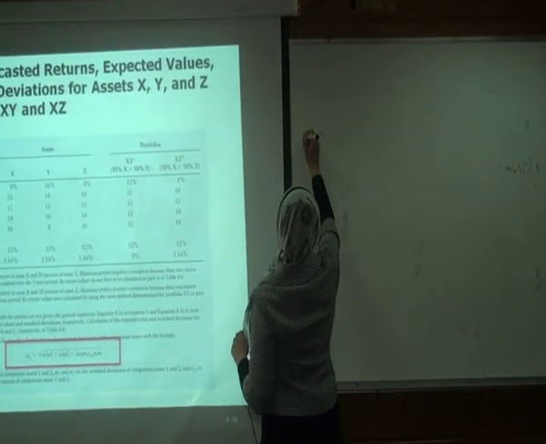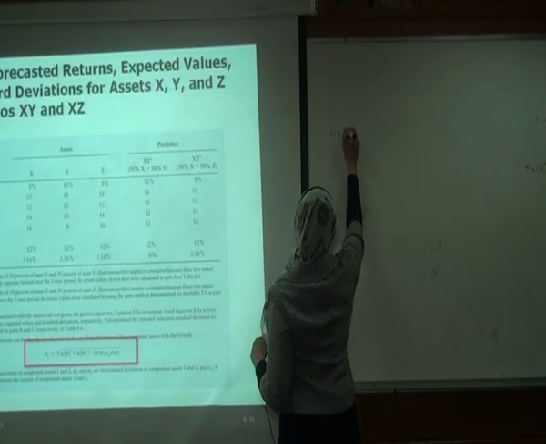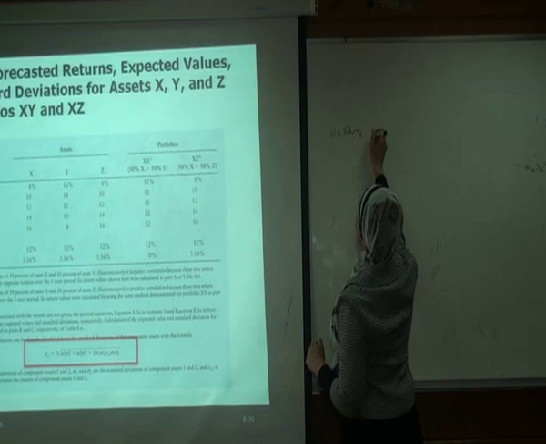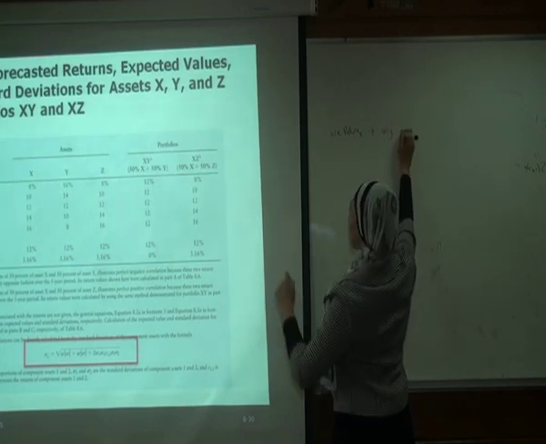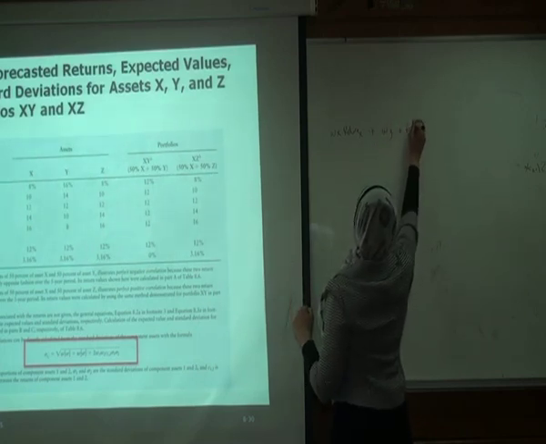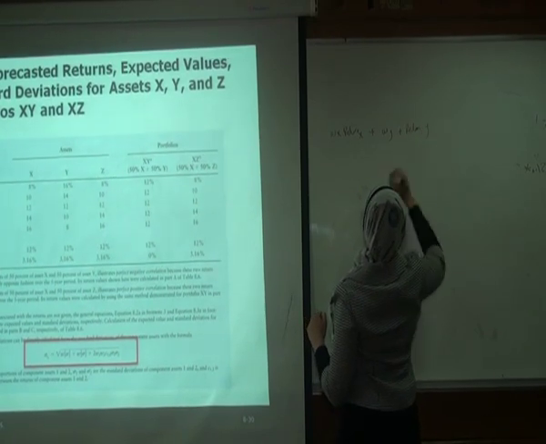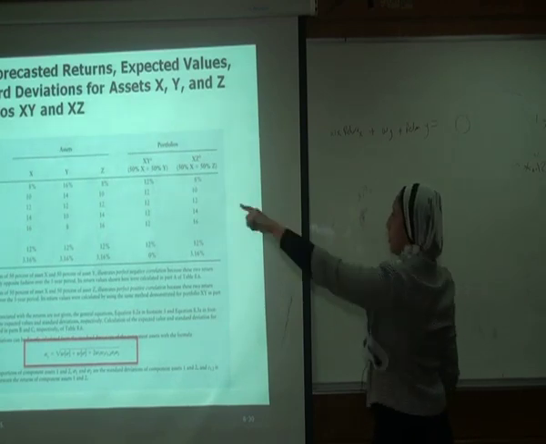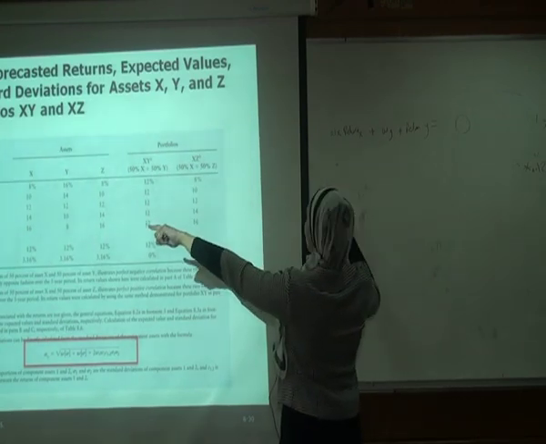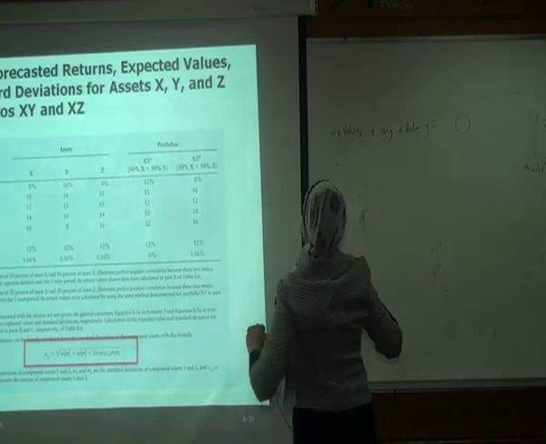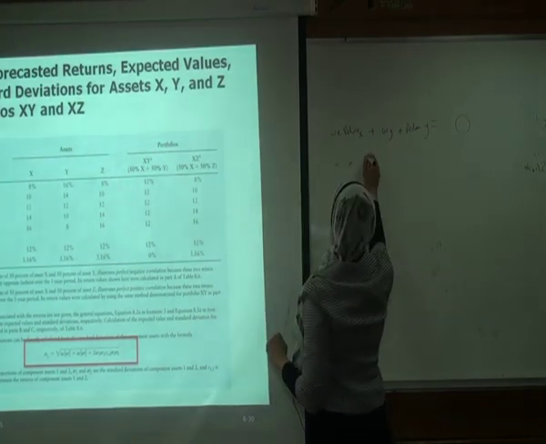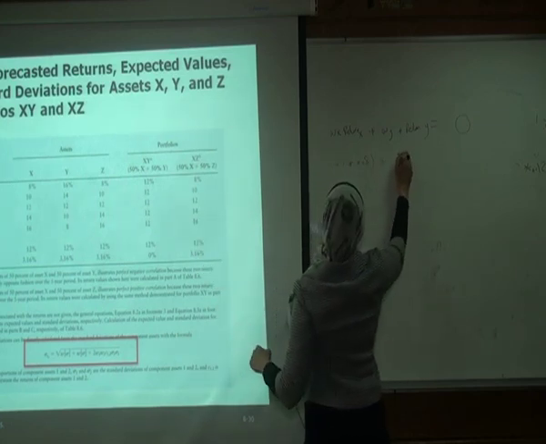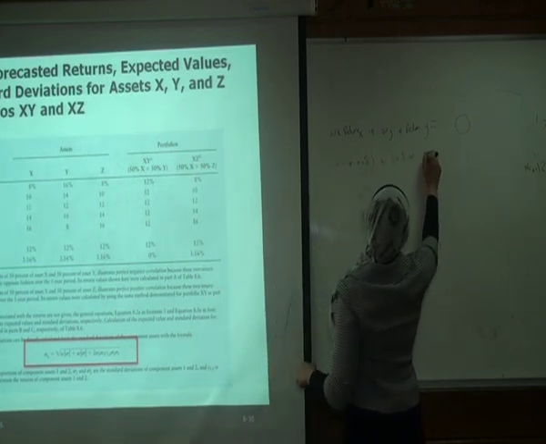So here in our example, for portfolio A, the weight of stock X multiplied by the return of stock X, plus the weight of stock Y multiplied by the return of stock Y. This is for the first year. Here it's 50%, as we mentioned, it's a 50-50 investment. So 50% multiplied by 8% plus 50% multiplied by 16%.